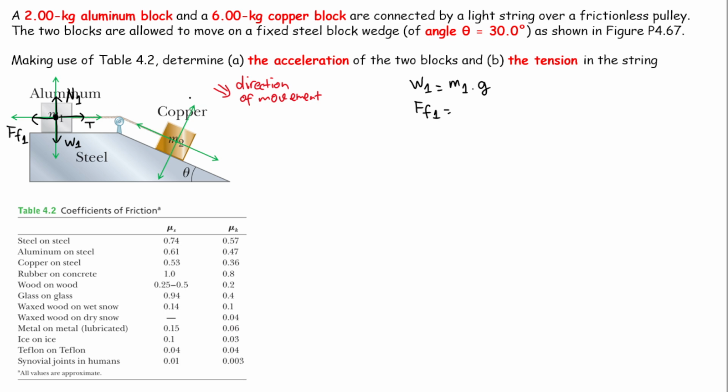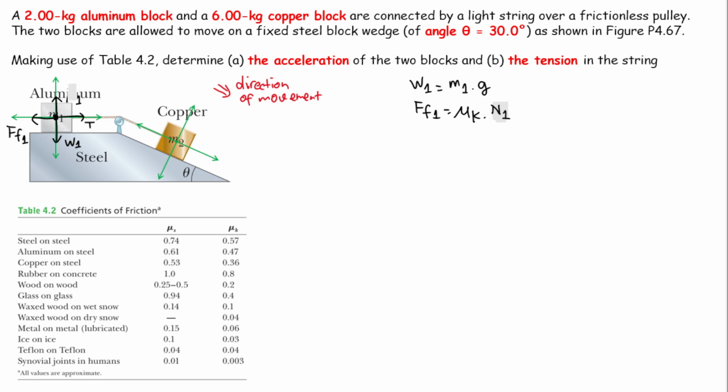Because they are moving, because we have an acceleration, we need to use mu k. So the friction force number 1 is mu k multiplied by the normal force N1. However, we need to find N1 first. Let's use Newton's second law.